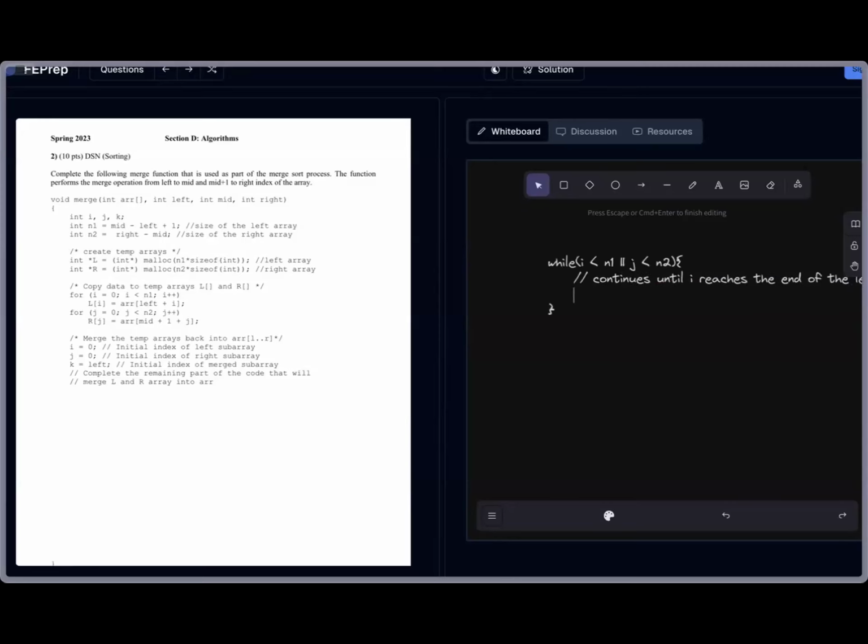We're going to do the check if j is equal to n2, meaning we've traversed j, or i is less than n1 and the left subarray element is less than the right.